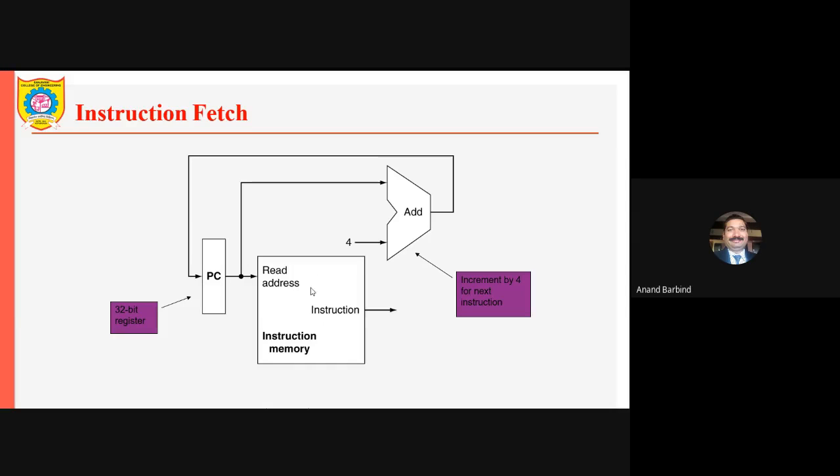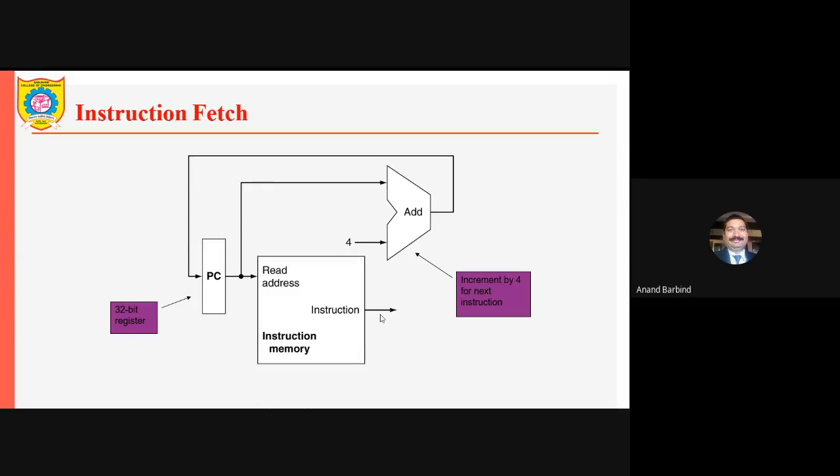Then the instruction from the instruction memory, from that location, and of course the next 3 locations are also read and enabled, you can say, and the instruction will come out on the outputs of the instruction memory. So the output is also 32 bit.